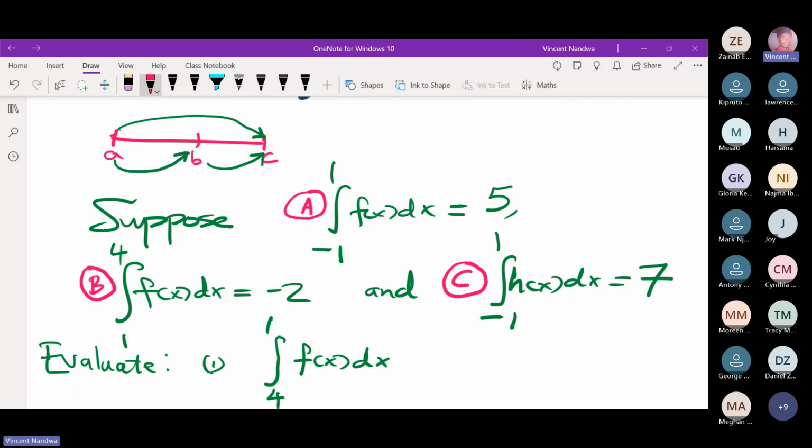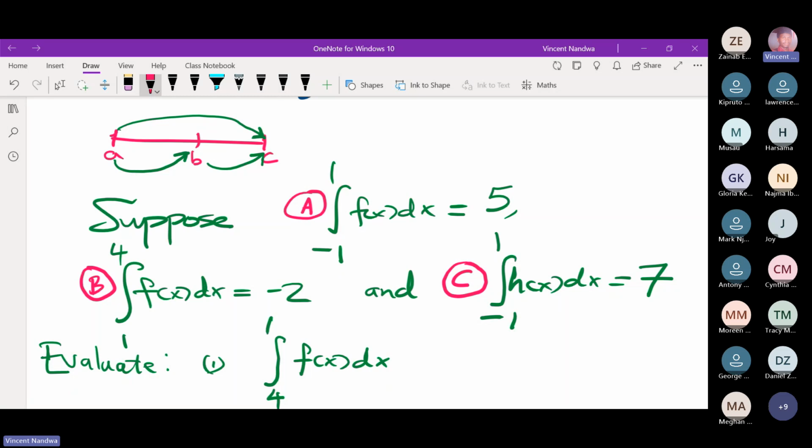So to integrate from 4 to 1 of f of x, which of these three integrals is going to help us to get the answer? Which integral?